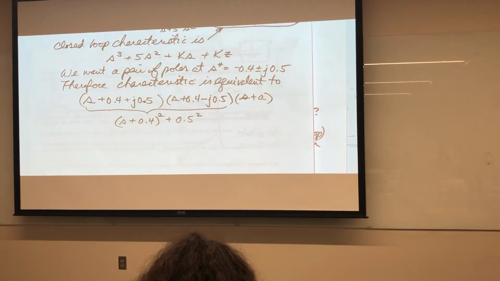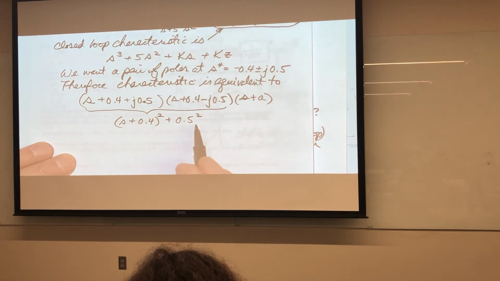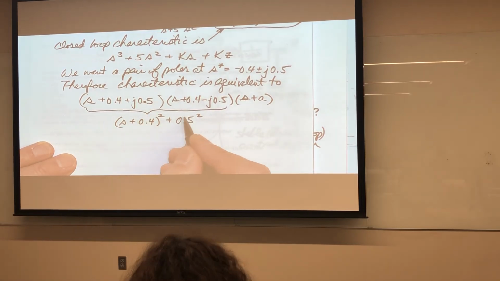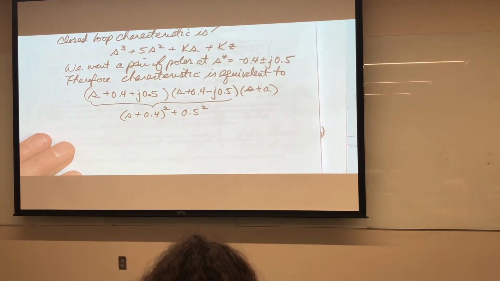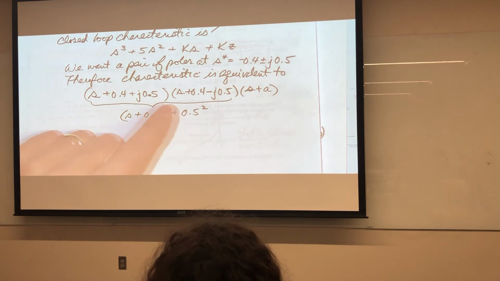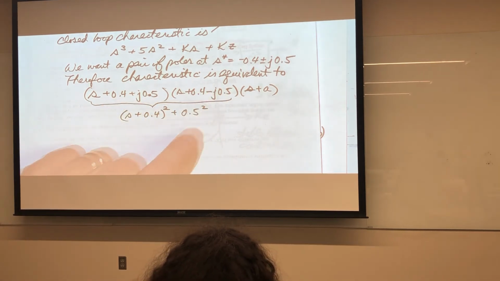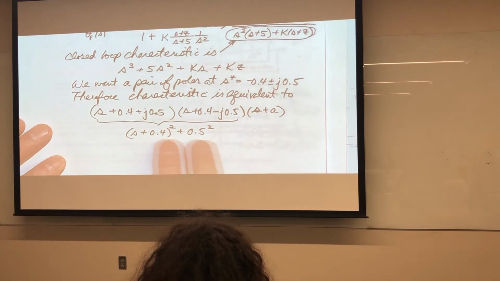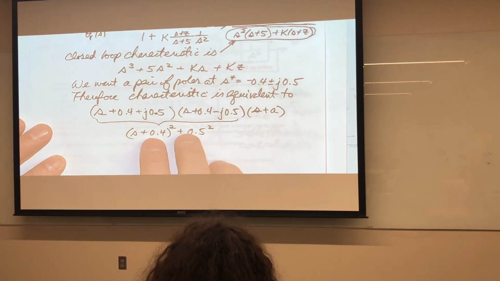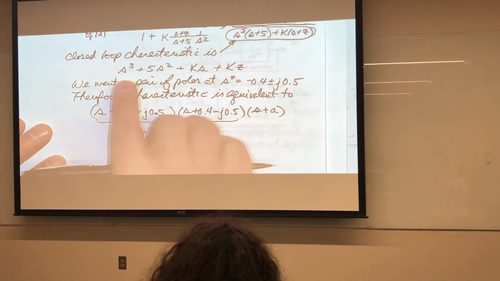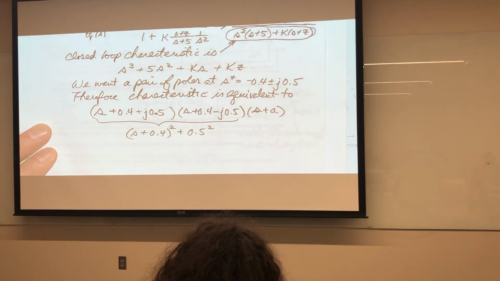I used to say, at lunch, go to Chick-fil-A, grab yourself a sandwich, and convince yourself that this works. This is the real part. This is the imaginary part. But Chick-fil-A has been torn down, so you have to find some other place at lunch to go convince yourself, do this algebra, and make sure you understand this. So what that means is that this is a second order factor, and this is a first order factor. If I multiply these 2 together, it should be equal to this. So it's an algebra problem.